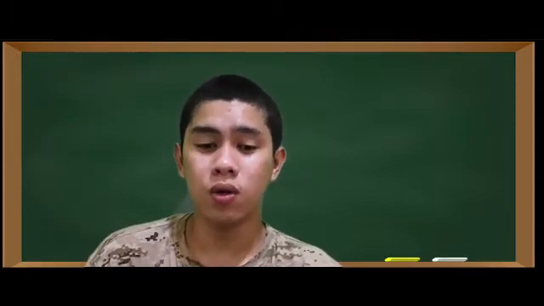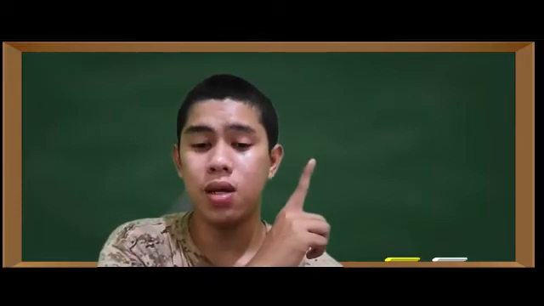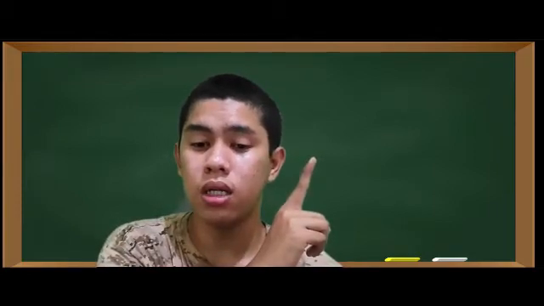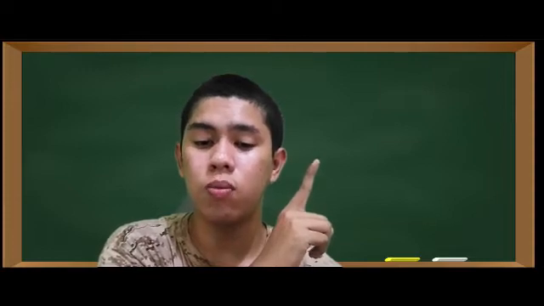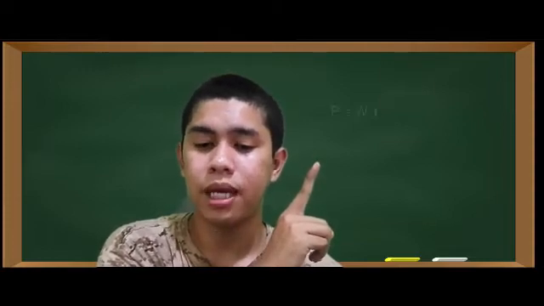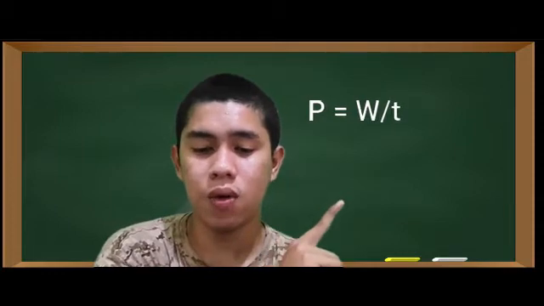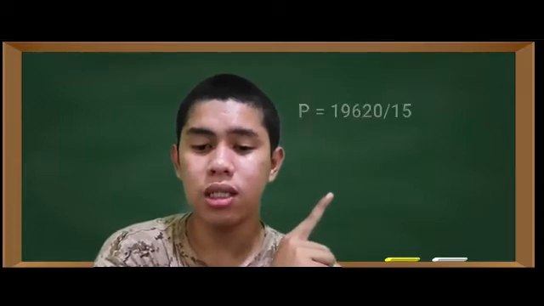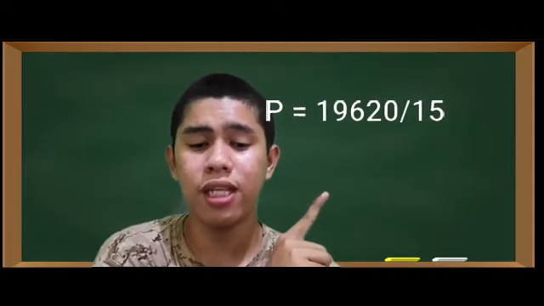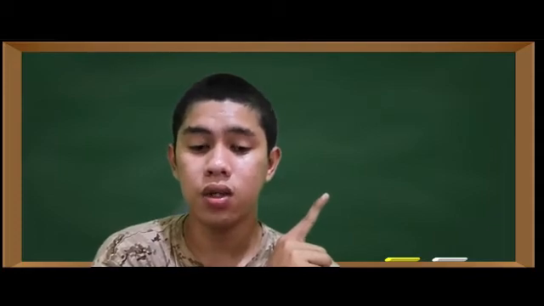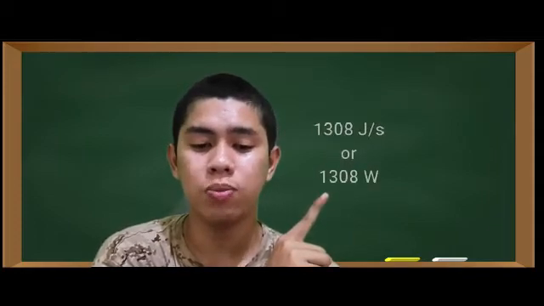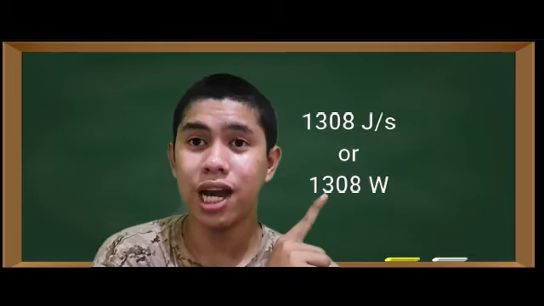And then, we will continue to calculate the power. Power, P, is equal to W over T, which is equal to 19,620 joules over 15 seconds. The answer is 1,308 joules per second, or 1,308 watts.